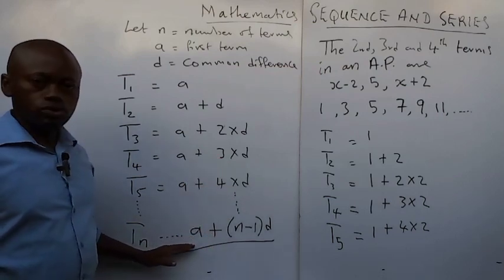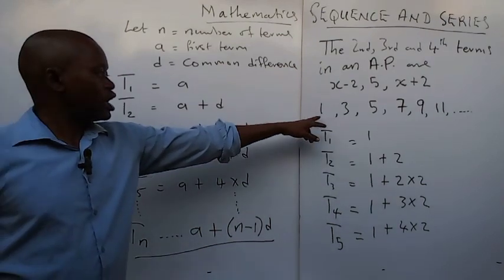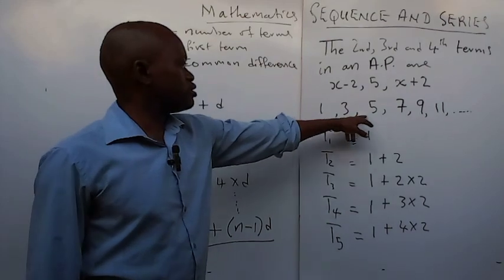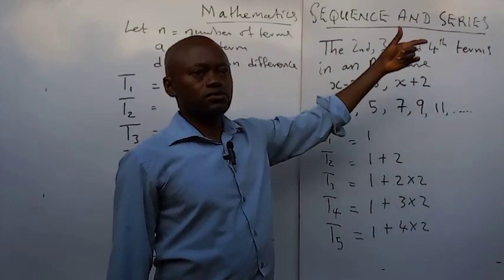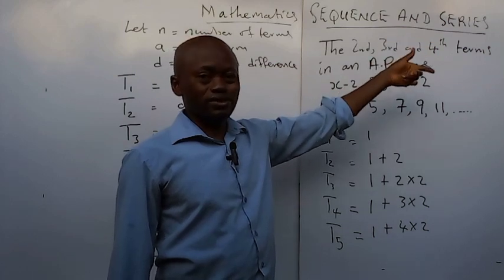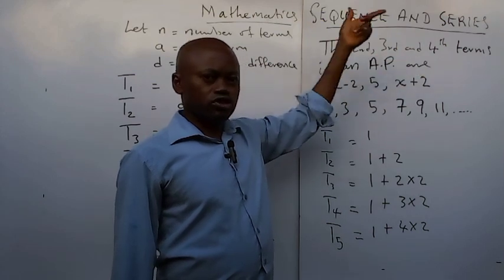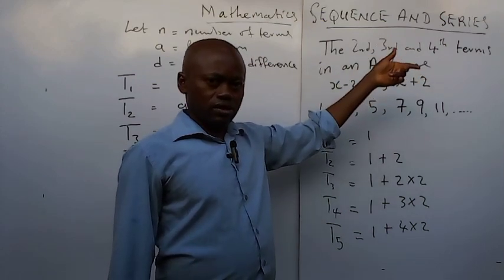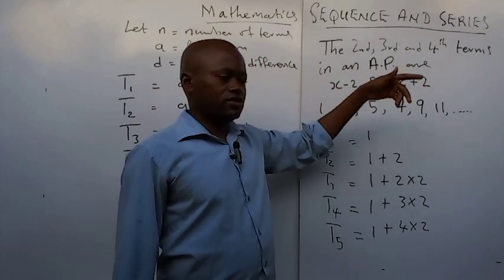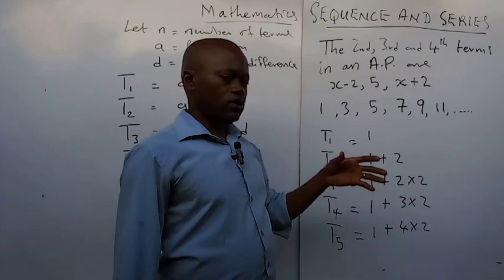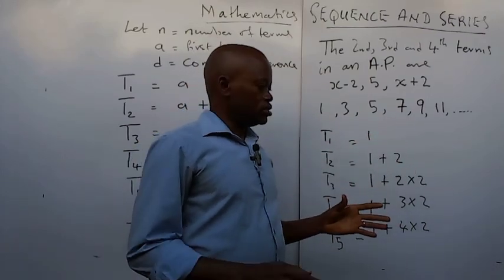I will show you how to use this mathematical expression to find, assuming this is the first term, second term, third term, fourth term, fifth term, sixth term, assuming I want to predict what is going to be in term 20, the value or event that is going to happen in position 20, in 20 years ahead, as the case may be, either in business or in whatever situation.